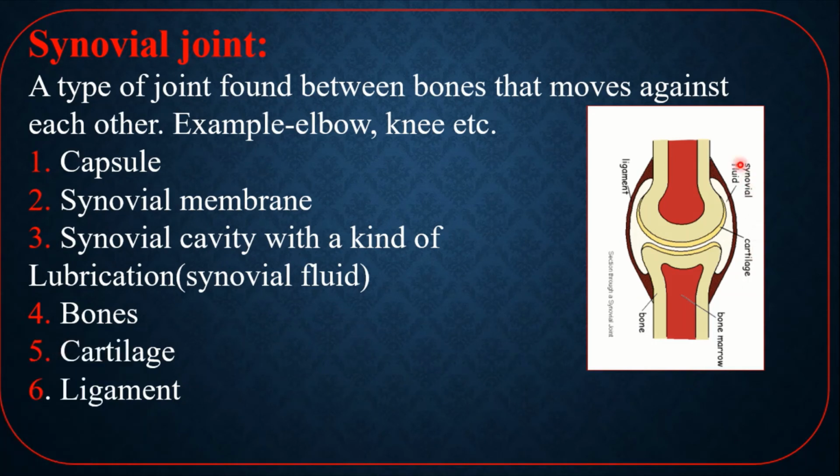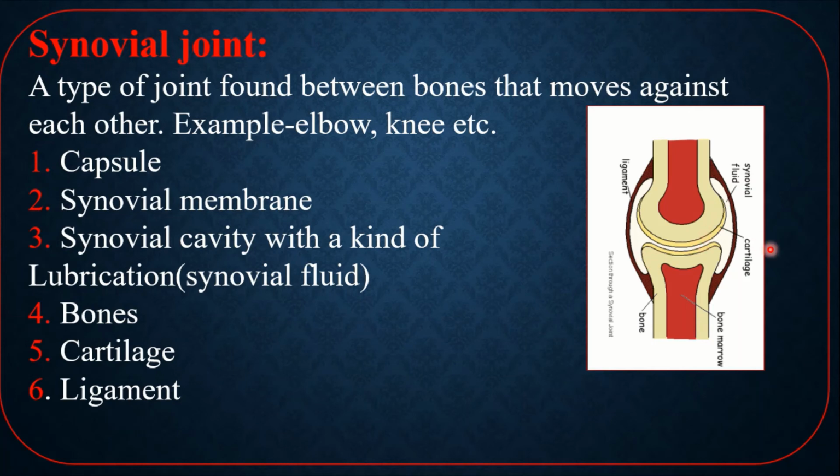Follow the picture attentively. There are two bones connected or attached to one another by a special type of connective tissue named ligament. The top of the bones carries flexible connective tissue called cartilage, which helps to protect them from friction.